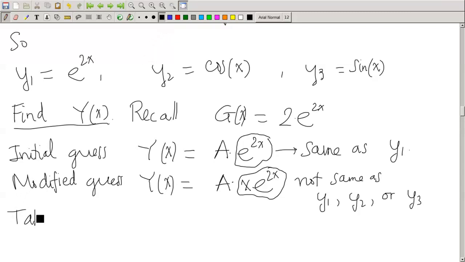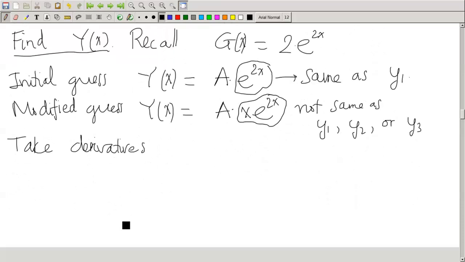We need to take derivatives and plug into the non-homogeneous equation. For the derivative, this is a product, so we need to use the product rule, and so on.